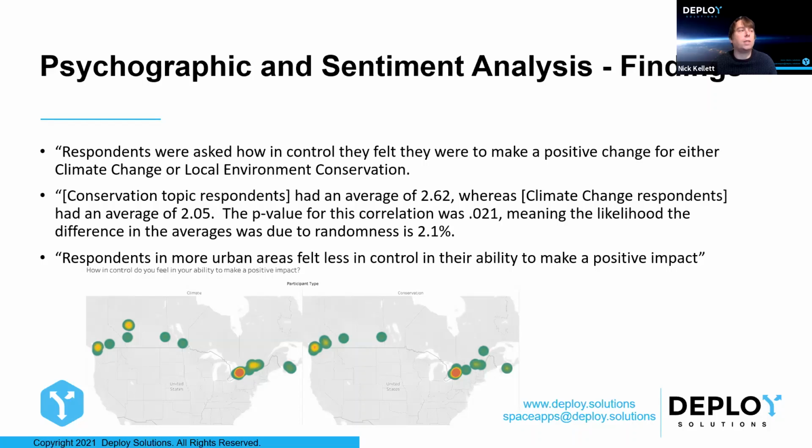And we know that respondents in urban areas are more likely to believe in anthropogenic, human-caused climate change than people in rural areas. So this means that the people who are more likely to believe in anthropogenic climate change, or accept it, I should say, actually feel less in control to do anything for it. So that's a pretty compelling finding that was surfaced by the students.